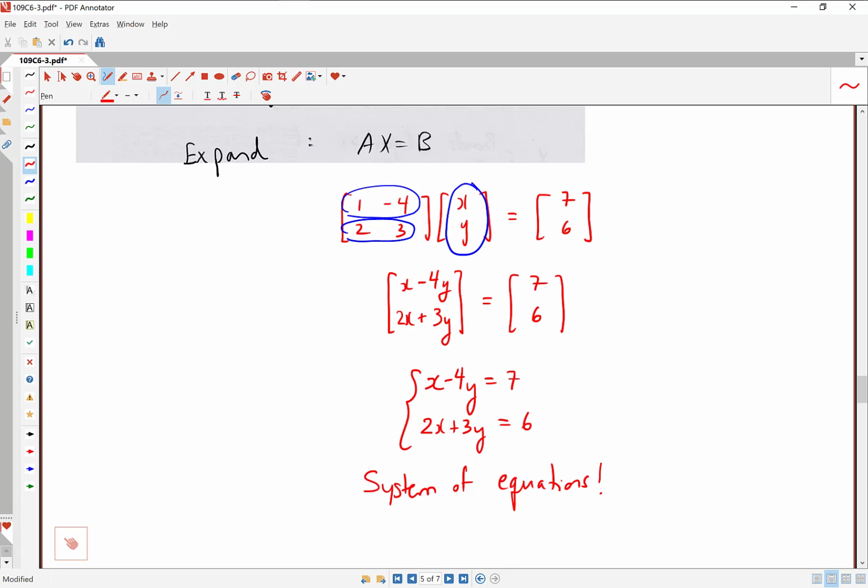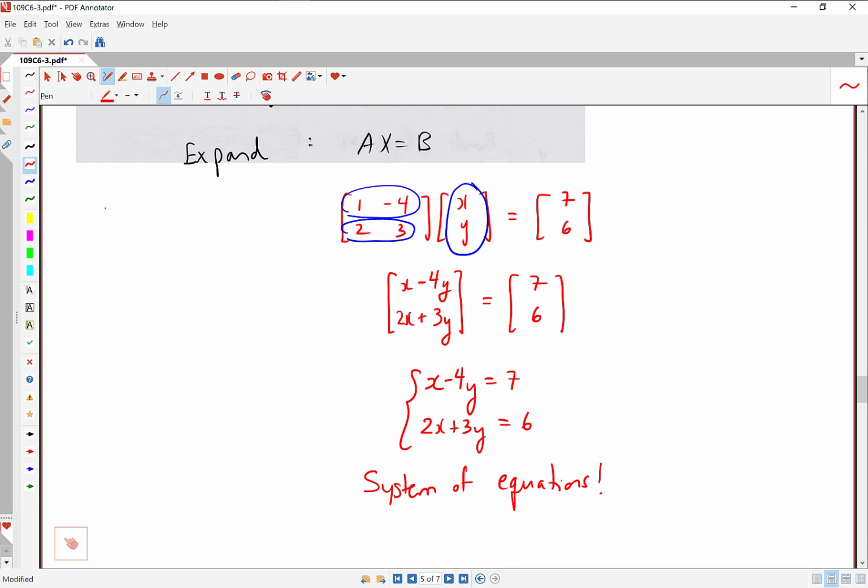So the reason that matrix multiplication works the way it does is so that we can use it to study systems of equations. Solving systems of equations is our big goal in Chapter 6. It's the thing we really care about, and matrix multiplication is just a tool to help us do that.